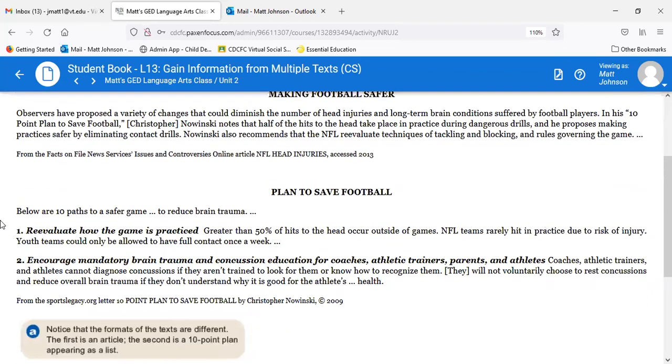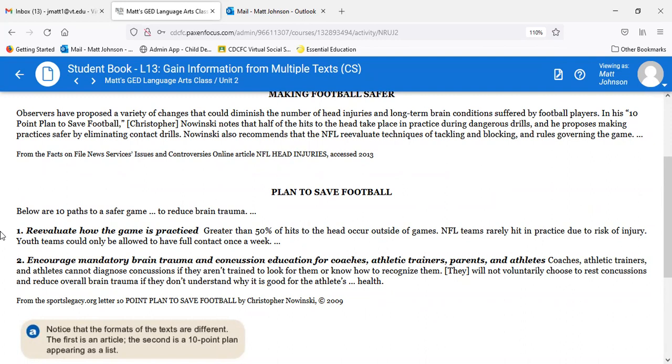Below are 10 paths to a safer game. The first, to reduce brain trauma: reevaluate how the game is practiced. Greater than 50% of hits to the head occur outside of games. NFL teams rarely hit in practice due to risk of injury. Youth teams could only be allowed to have full contact once a week.